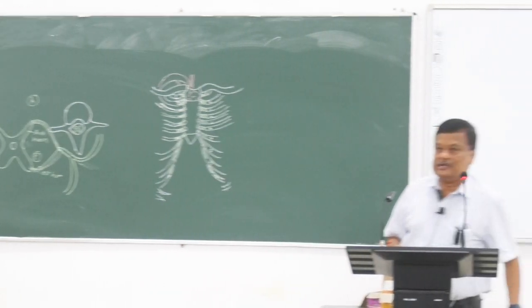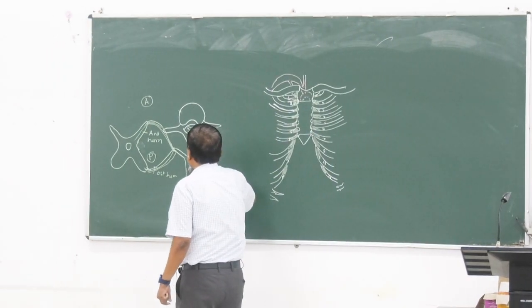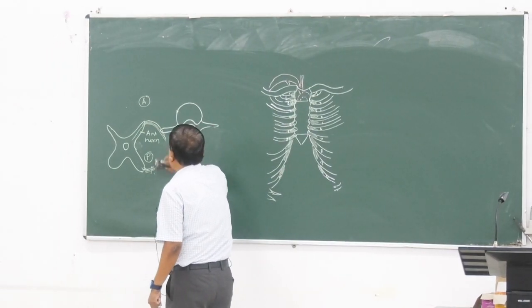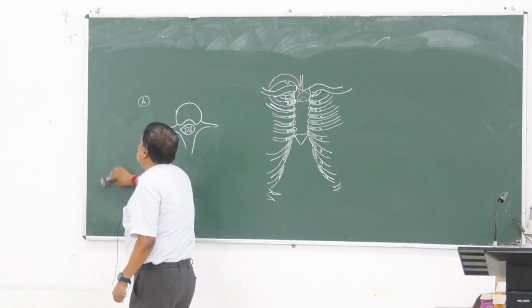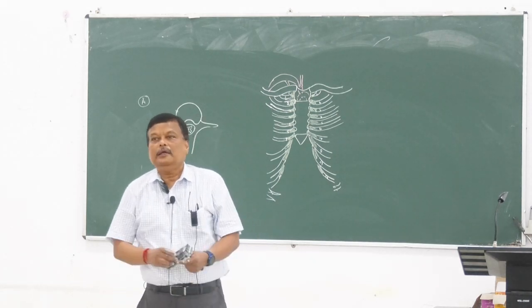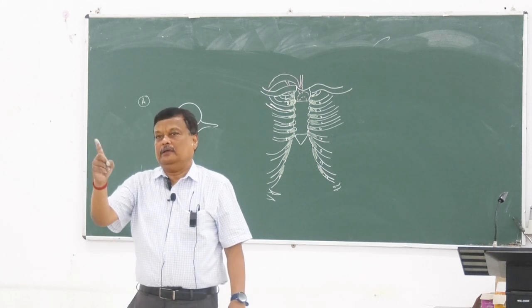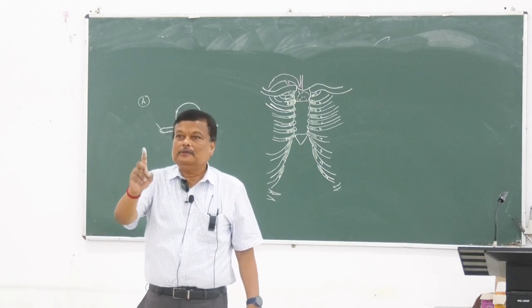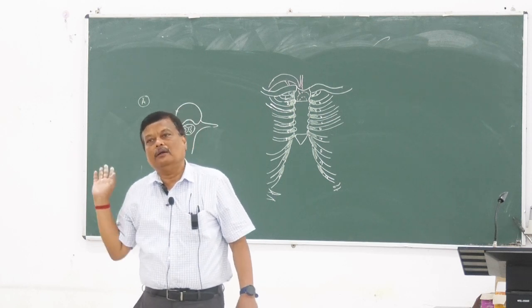Formation of the brachial plexus, if you say C6, C7, C8 and T1, it is half truth. You have to say the ventral rami of the cervical 5, 6, 7, 8 and T1.